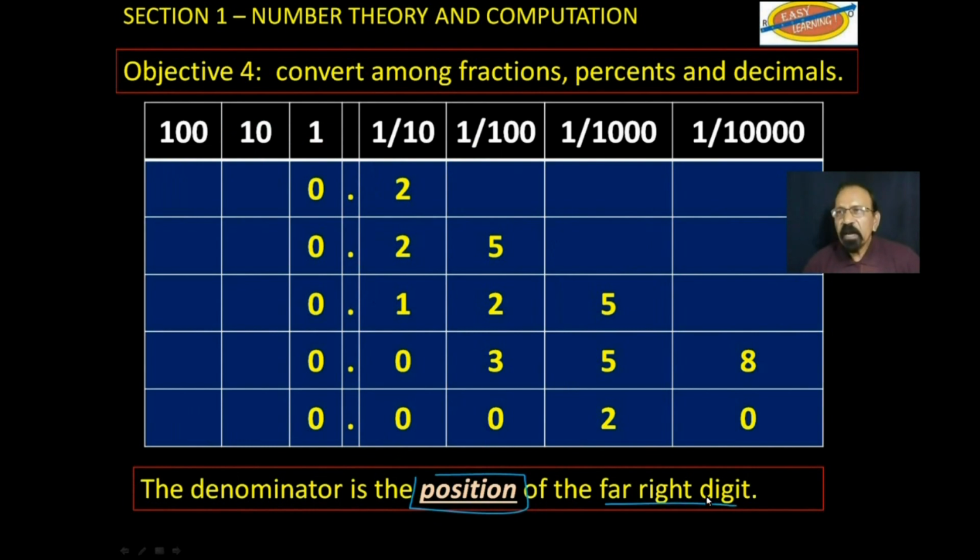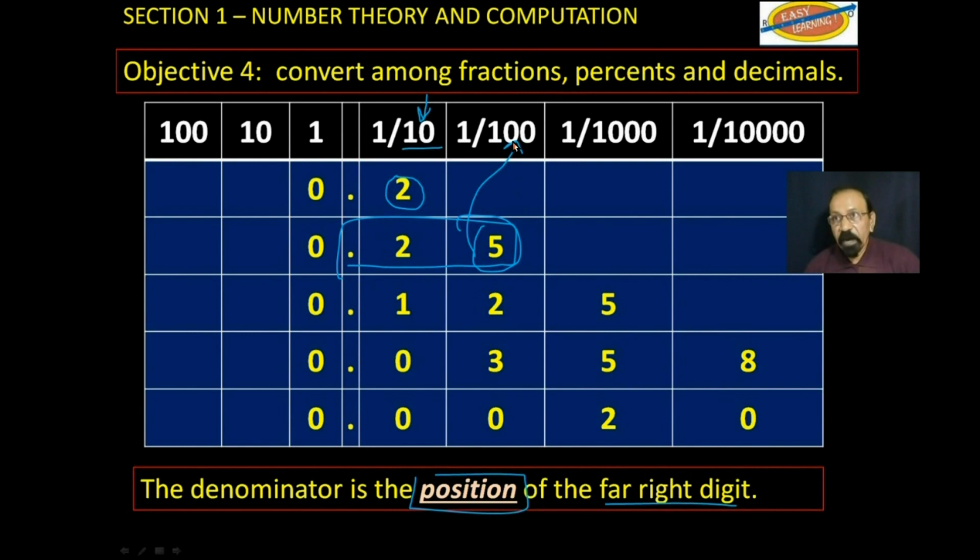So the denominator is the position of the far right digit. So if you only have 0.2, then the denominator will be over 10, because that 2 is in the tenths position. If you have 0.25, this far right digit is in the hundredths position. So the denominator will be 100.